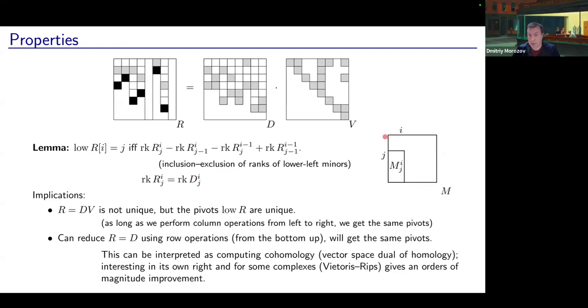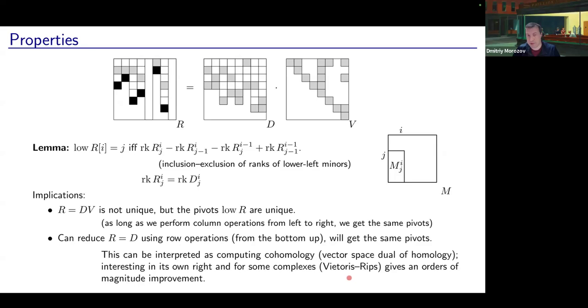And if I do column additions from left to right, well, of course that won't change. That's just a change of basis, right? Linear updates. But now if I perform operations from the bottom up, row-wise operations, well, same exact logic, right? The rank of this matrix will not change as a result of such an operation.